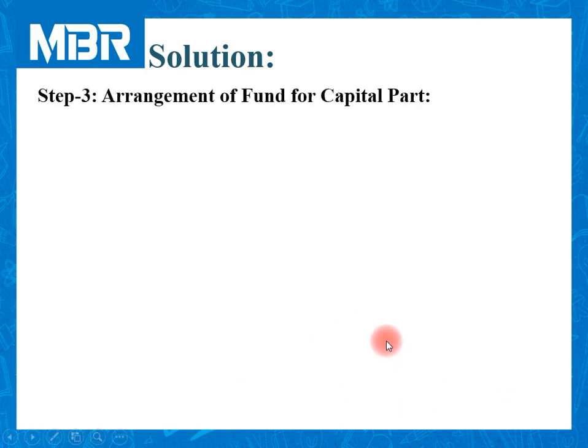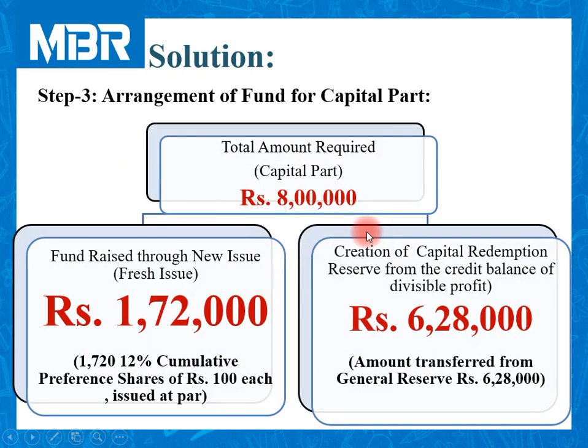Now again come to the chart of arrangement of funds for the capital part. The amount required for the capital part is rupees 8 lakhs that we decided earlier. From the previous calculation, we have decided that we need to issue 1,720 preference shares of rupees 100 each at par.